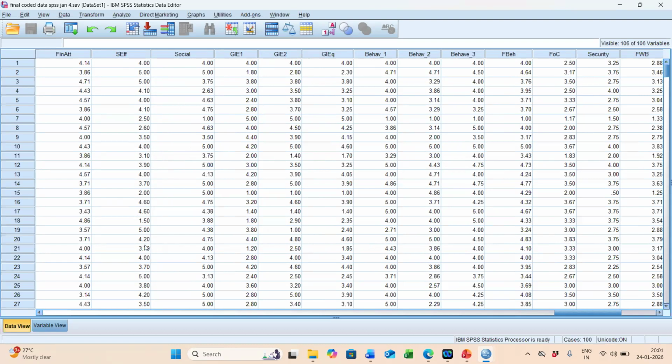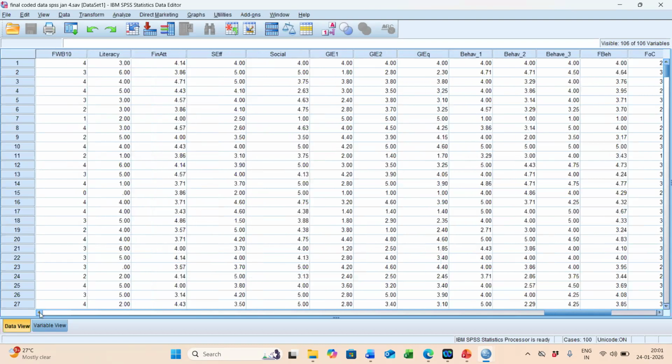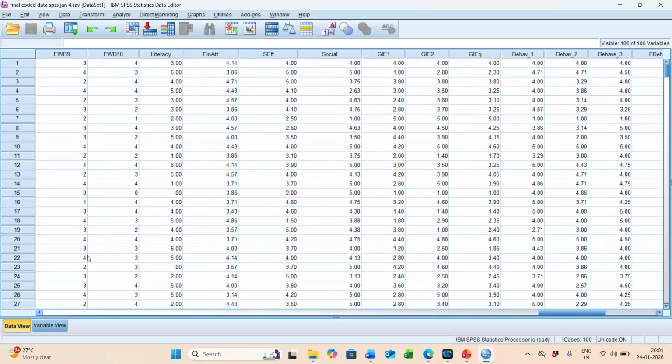Then financial attitude. We have another variable called literacy. Actually, this is not a continuous variable.